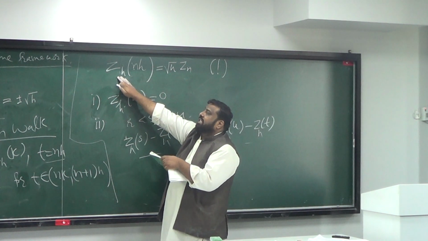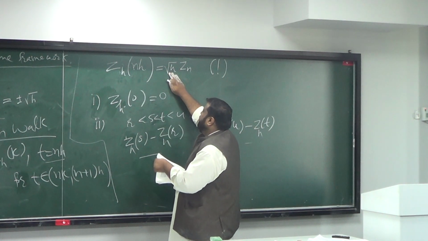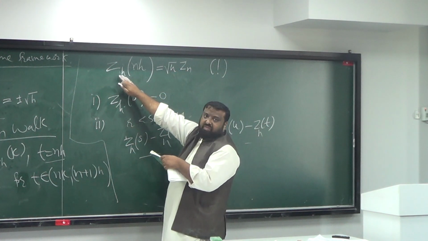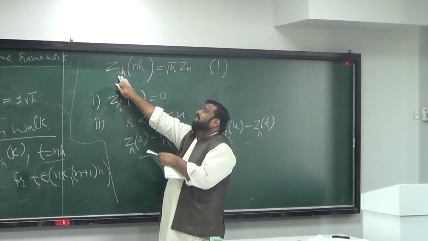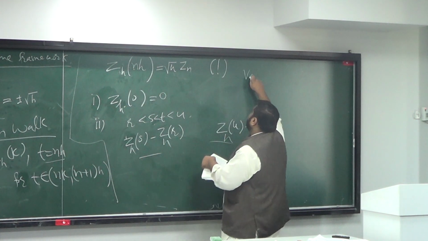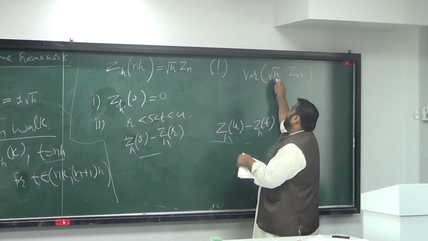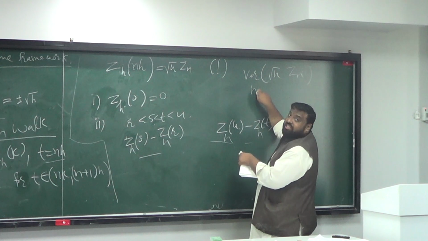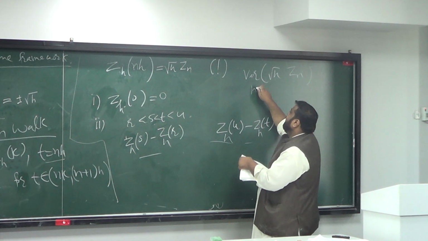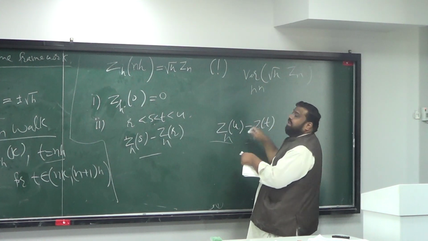If you compute the expectation of Z_h, which is square root of h times Z_n, it is 0. The variance of Z_h at n is the variance of square root of h times Z_n, but I can pull this out of the variance, and it will become h because you need to square it, and the variance of Z_n is simply n.